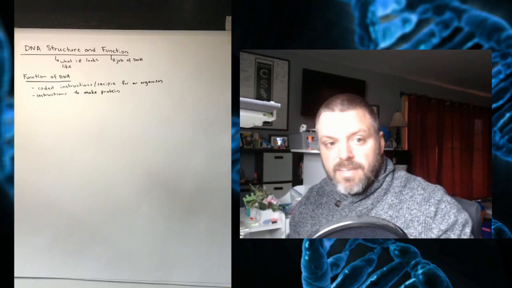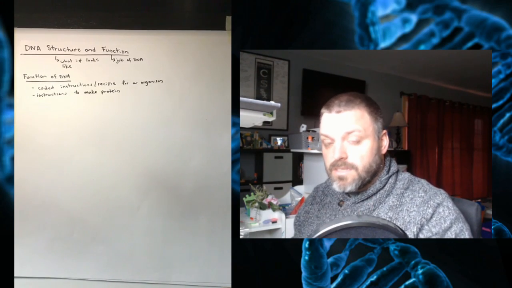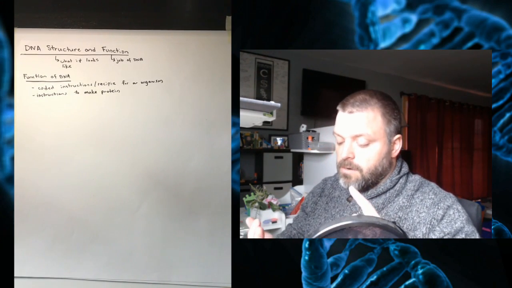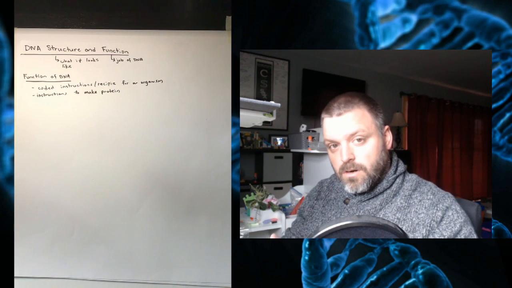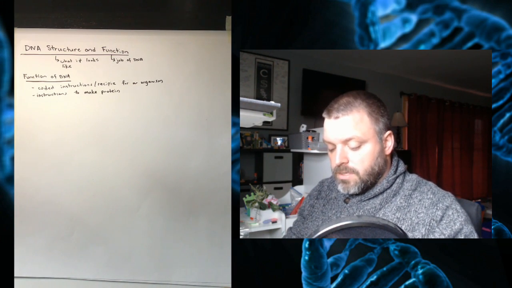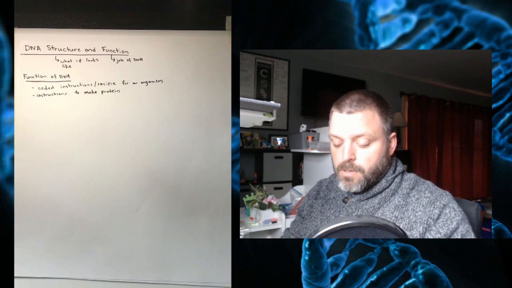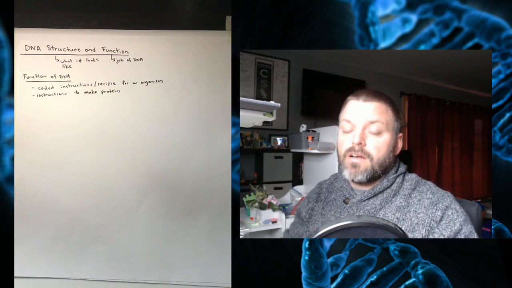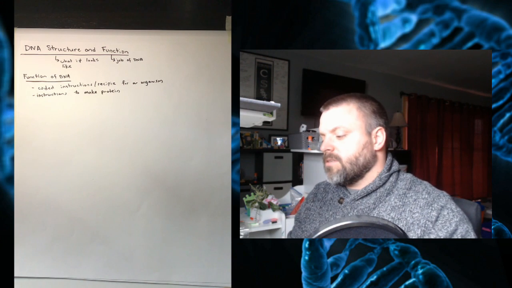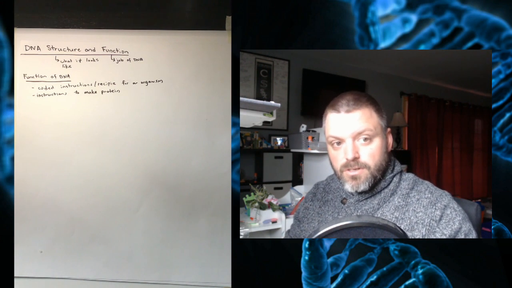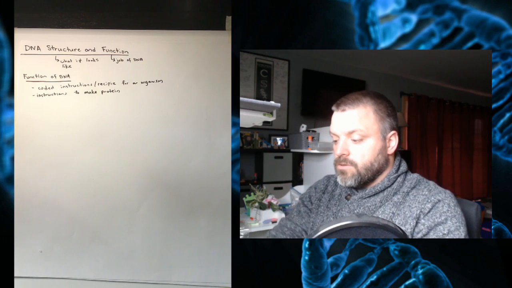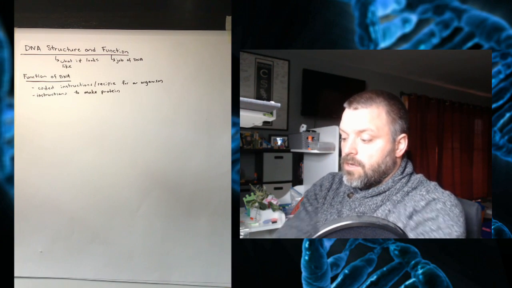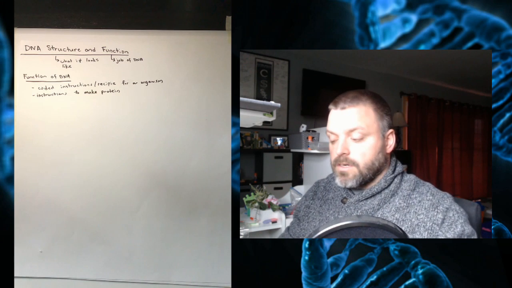As we've already talked about, a lot of your hormones are proteins, a lot of your transport proteins across the cell membrane. Proteins are a lot of the structures: your bones, collagen, your hair, your fingernails. The colorations of your skin, eyes, and hair are all due to the proteins inside of it.